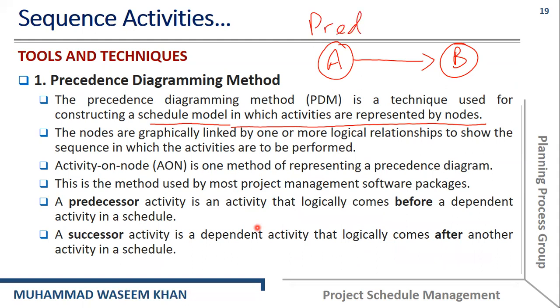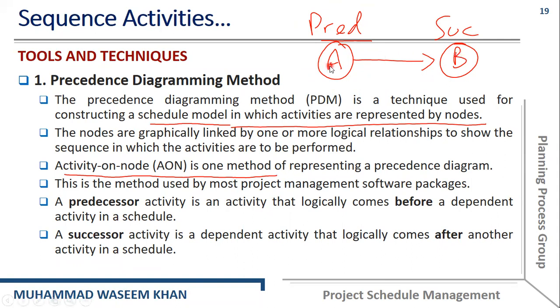So activity A is a predecessor and activity B is a successor. Why? Because a predecessor activity is an activity that logically comes before a dependent activity in a schedule. As you know, activity A comes before the dependent activity B, which is a successor. That's why we call activity A a predecessor and activity B a successor.